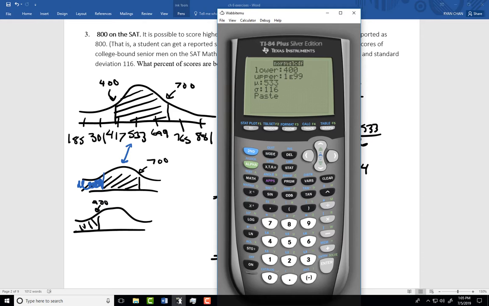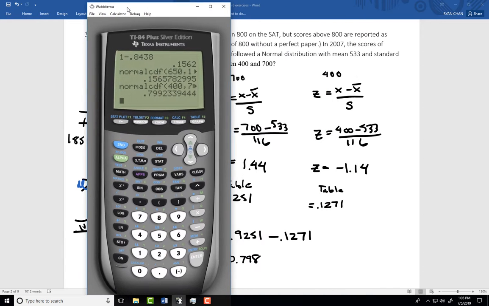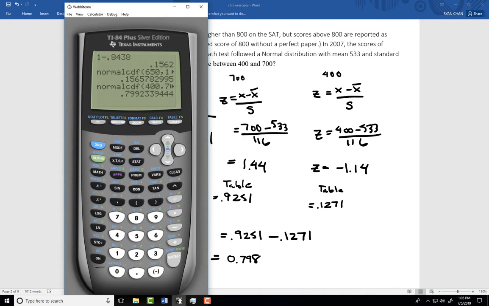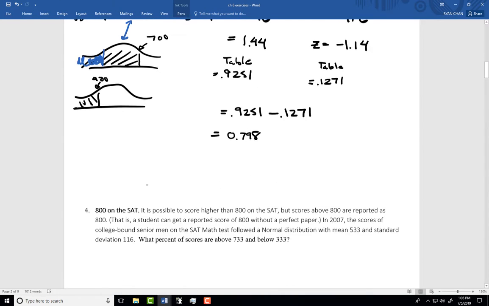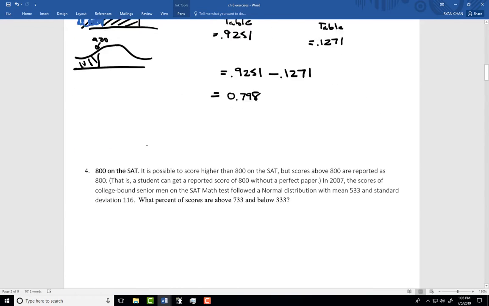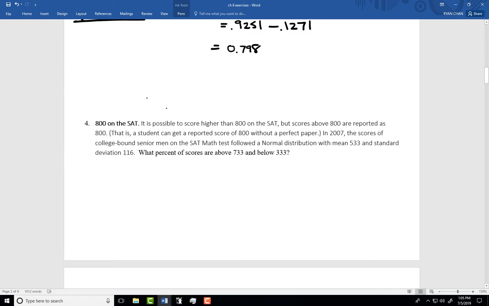Upper is 700. My mu, which is my mean, is 533. My sigma is 116. Notice when I enter this, very similar.